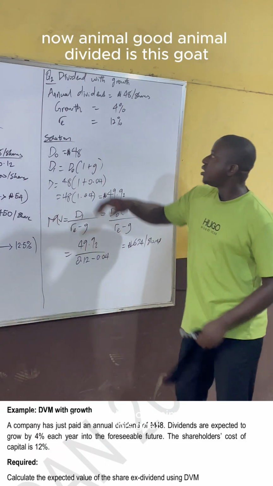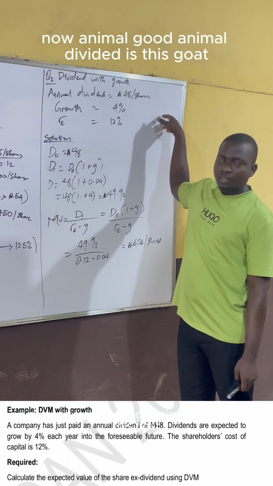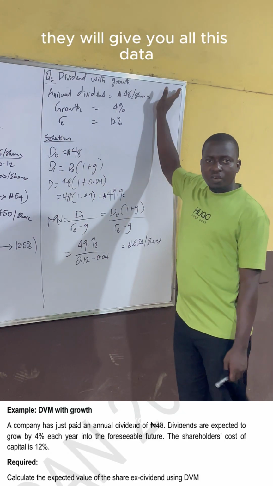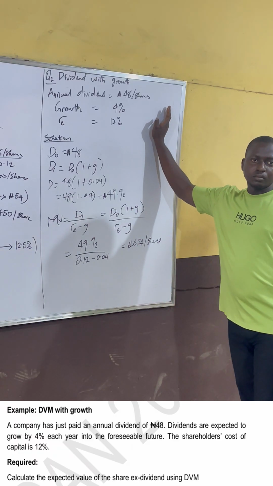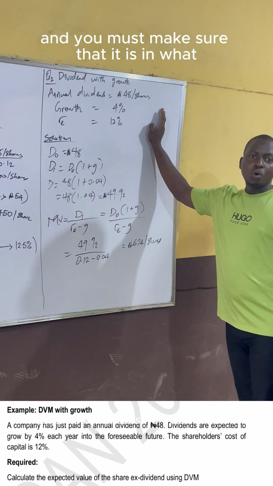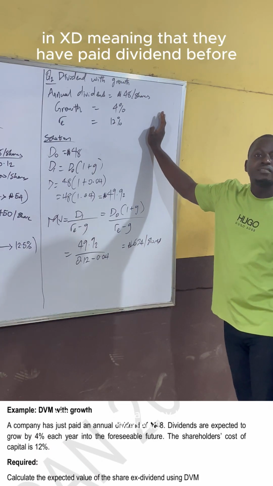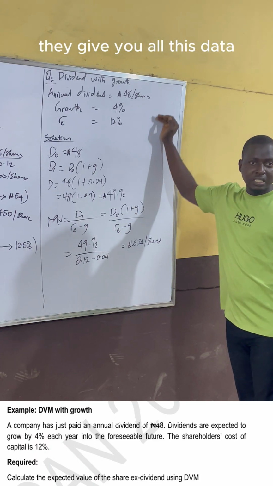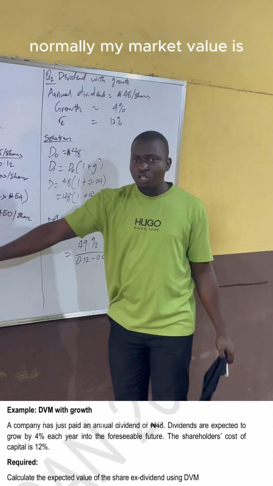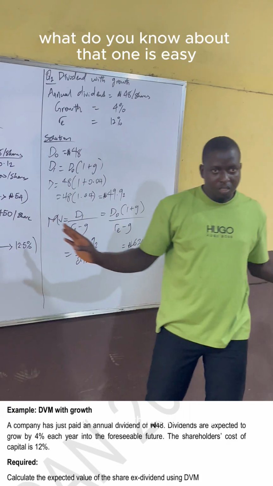Okay, now. Annual dividend is this. Growth is this. Cost of equity is this. They will give you all this data. After they give you all this data, you must make sure that it is in XD, meaning that they paid the dividend before they gave you all this data. Now, normally my market value is D not over R, that one is easy.